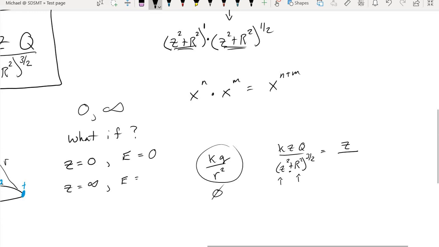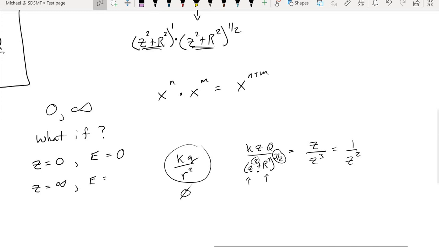And so the whole denominator is basically going to collapse to a z cubed expression, which means what we really have is a z squared relationship. Pretty much the same relationship as what we had over here. And so if we let z go to infinity, this expression is going to approach 0.